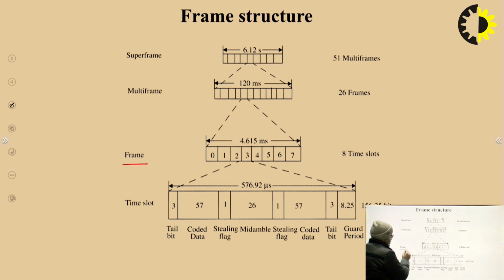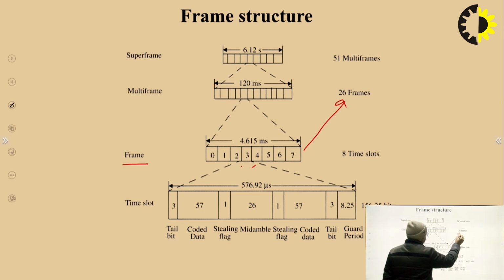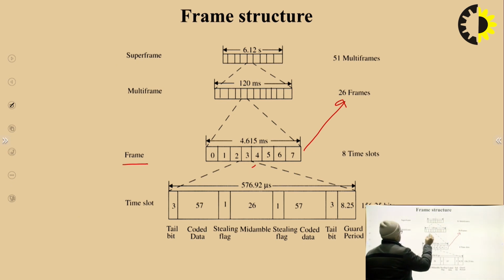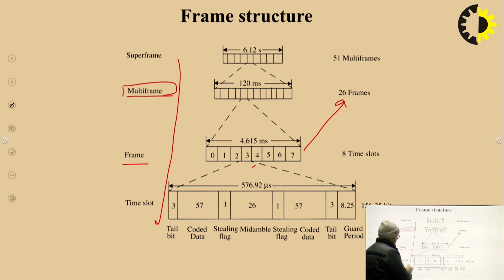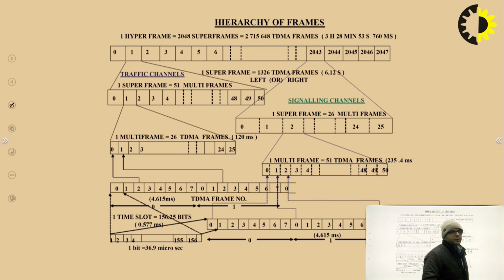A frame consists of 8 time slots as shown in this figure, and in a multi-frame, such 26 frames are accumulated, and such 51 multi-frames form a super frame which has a duration of 6.12 seconds. So this is the frame structure which exists in the Global System for Mobile communication standard.